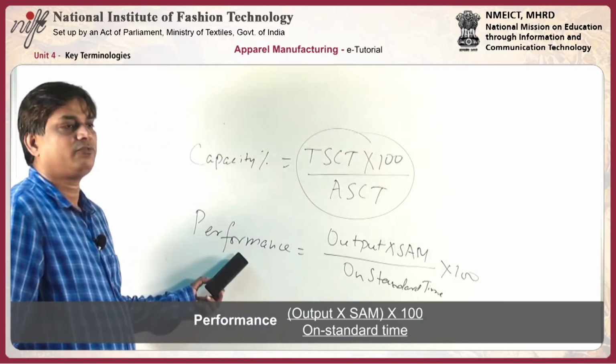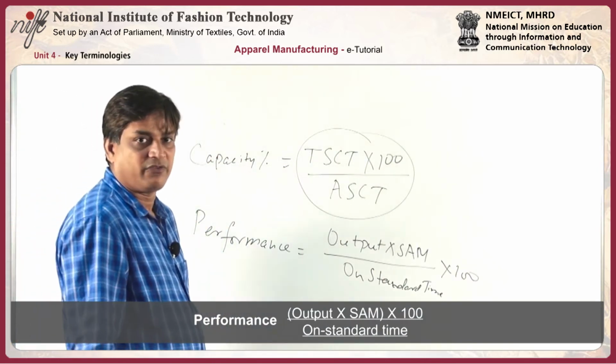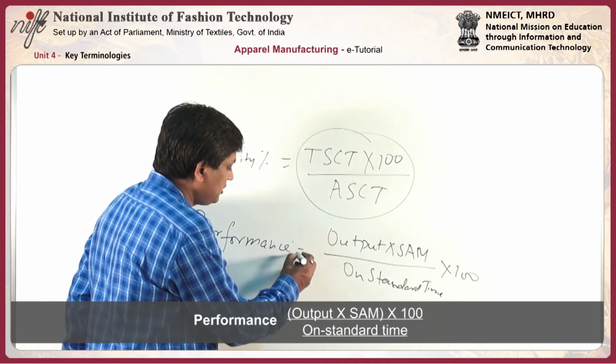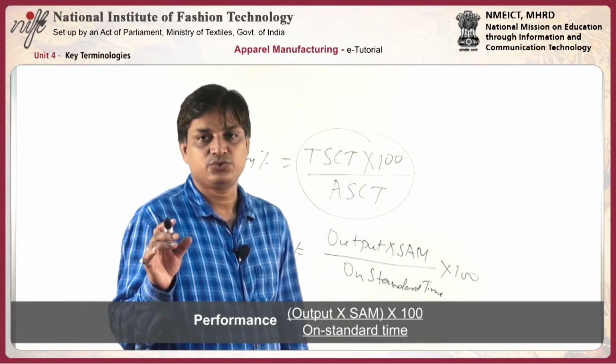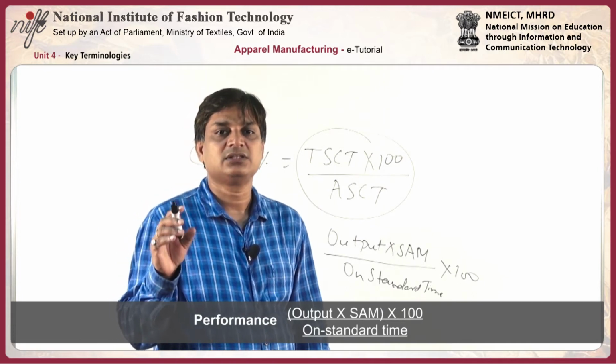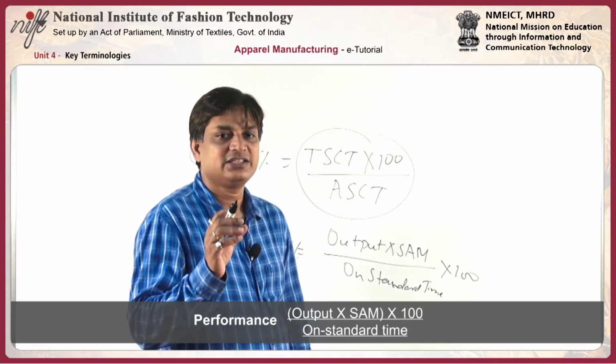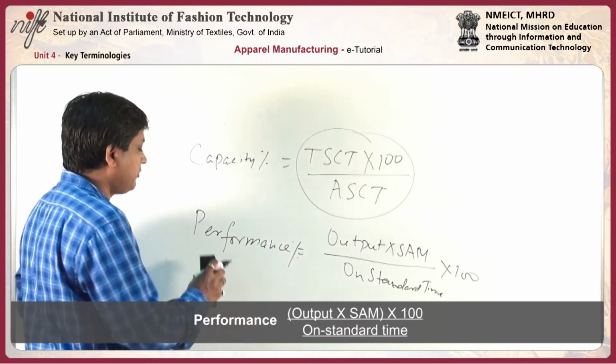So once we talk about performance, we are talking in terms of percentage. Performance we talk about for the individual. For direct workers, we talk about the performance, that is individual.